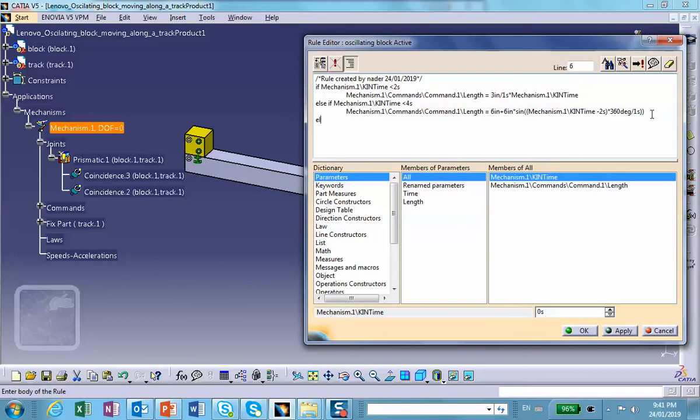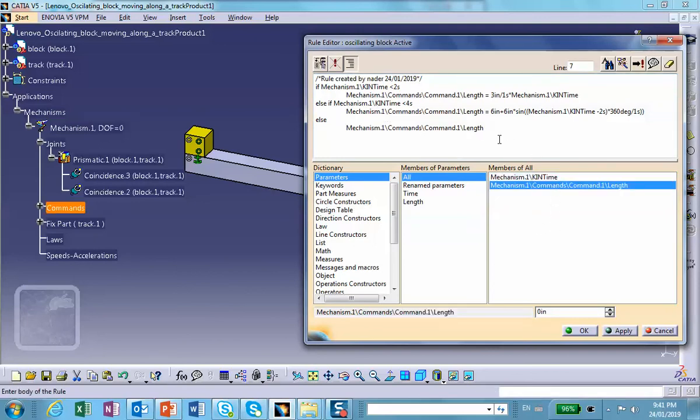Else, well, else is a uniform velocity. So else is equal to distance is equal to. Now keep in mind we start at the 6 inch position. You look at your graph.